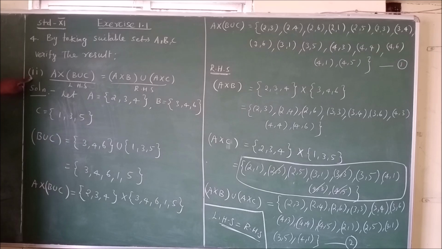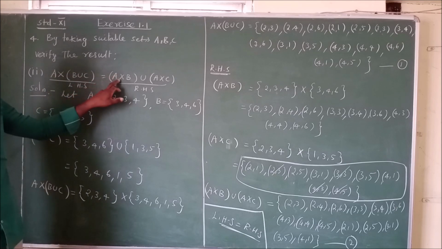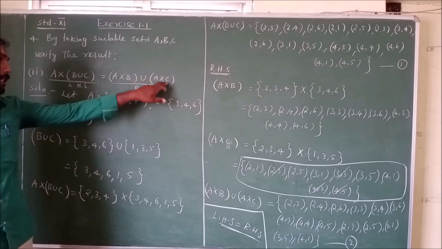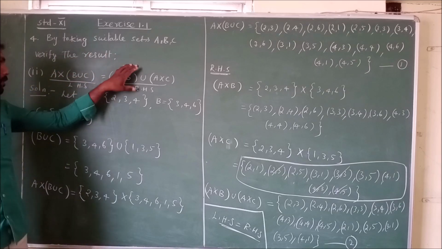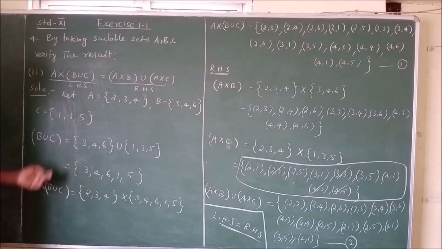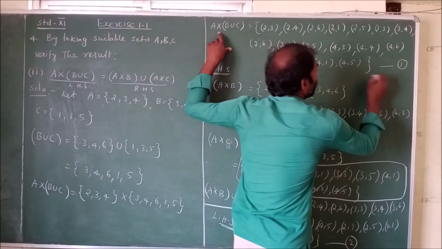Second problem, fourth subdivision. Problem number 2: by taking suitable sets A, B, C, verify the result A cross B union C equals A cross B union A cross C. This term is LHS, another one is RHS. First we have to find the LHS term, which is equation number 1.